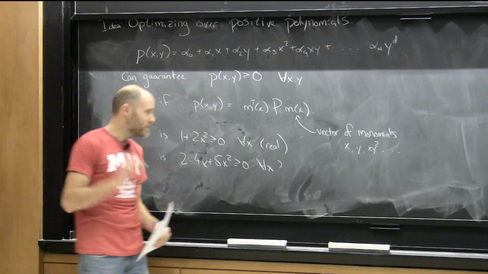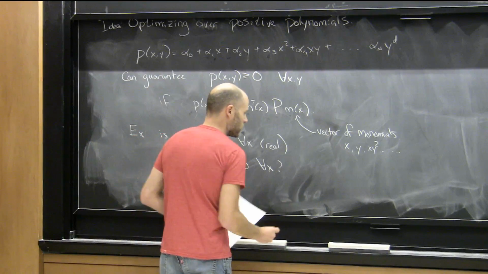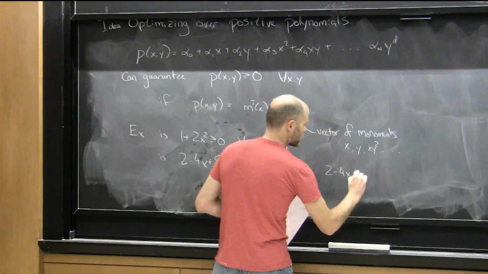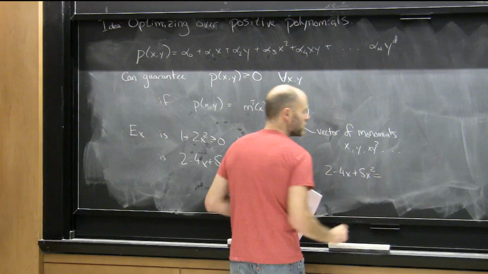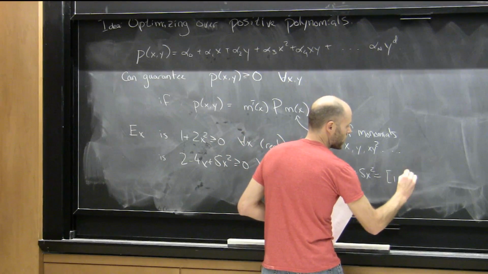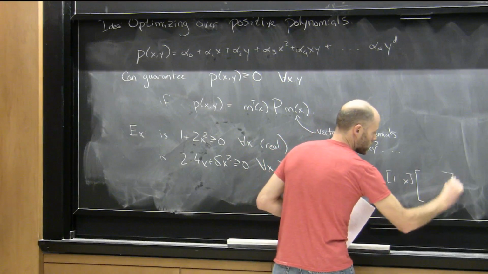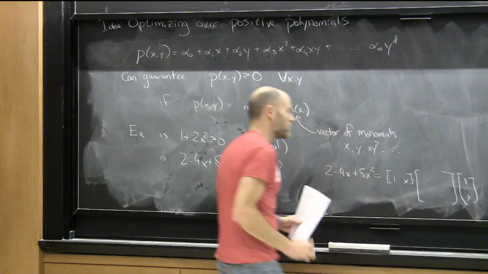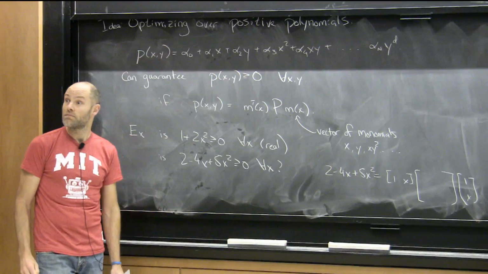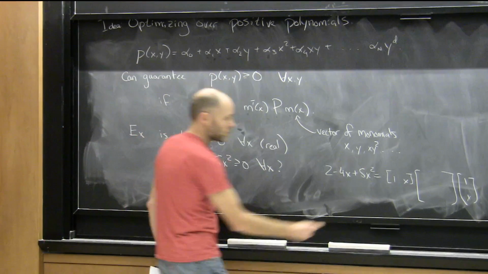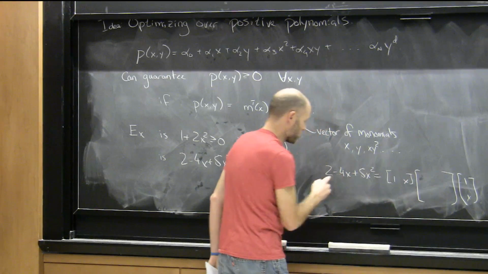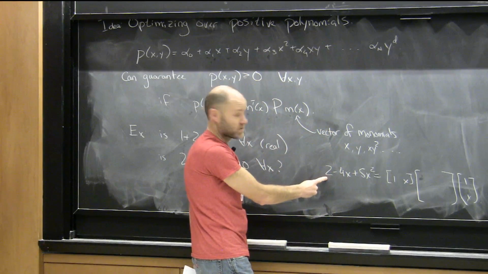But I'm going to convince you that it's positive by saying 2 minus 4x plus 5x squared equals 1 x times a matrix times 1 x. I'm going to put it into a quadratic form. Now this term, when I multiply through, is going to be the only term that has no x's in it, so it better be 2.